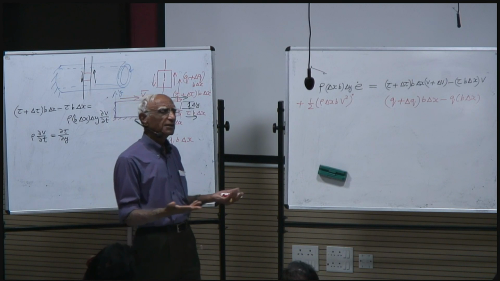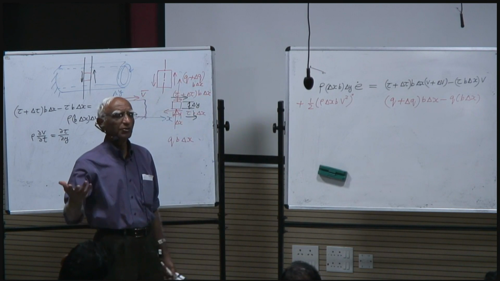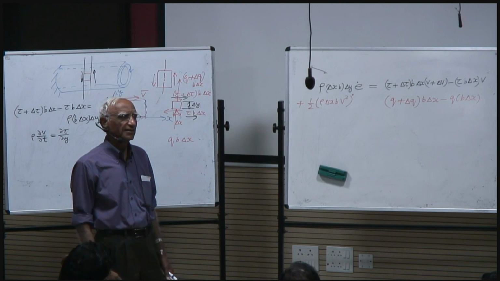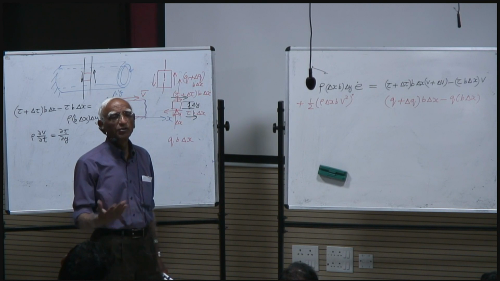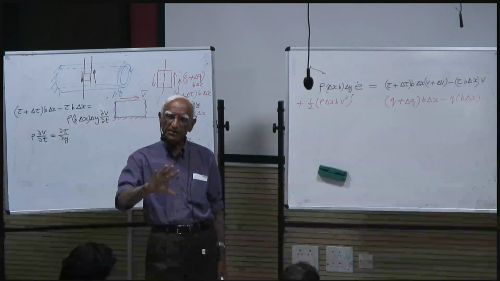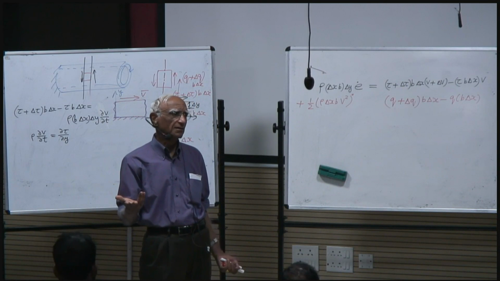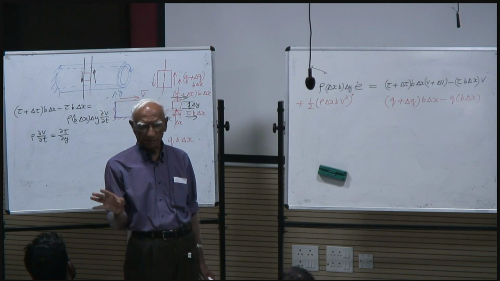Otherwise, it would have been the second derivative of temperature with respect to x equal to 0, because we did steady state heat conduction. And that would have been less interesting than if we had the R term.